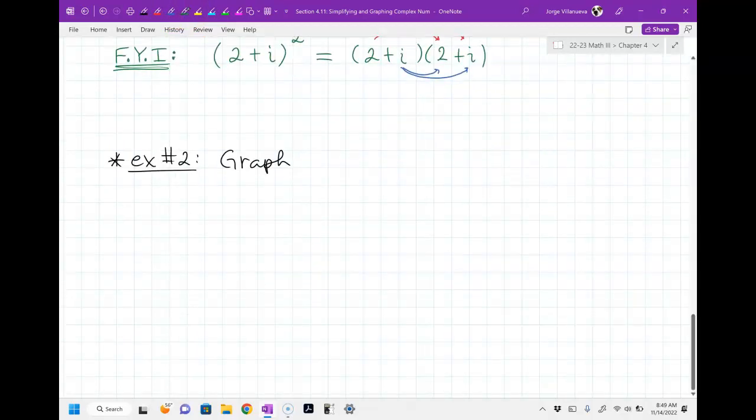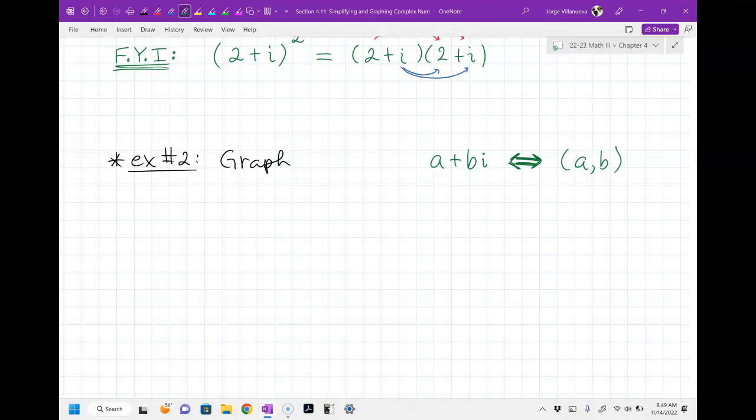If they give you a number like this, a plus bi, which is what we normally see, right? We're going to see like a 2 plus a 3i or a negative 4 minus 4i or something like that. That can be rewritten as a point for you to graph like this. Or backwards. If they give you a point, you can rewrite it as a complex number.